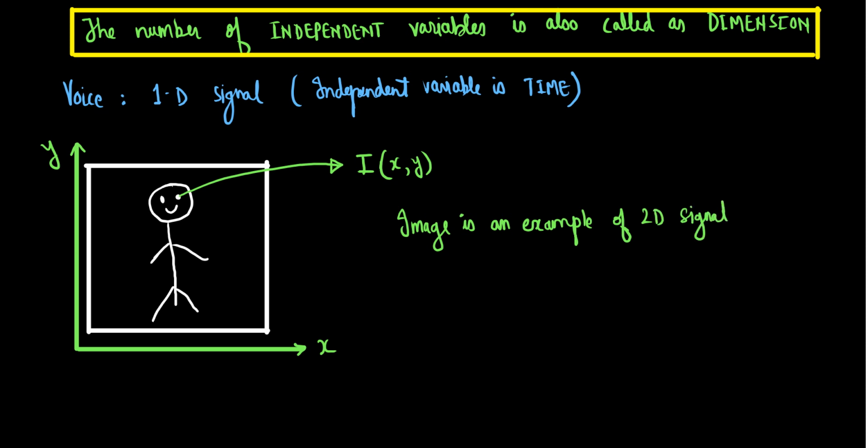What are the dimensions here? The dimensions are the locations or the positions of the pixel elements or the picture elements, which are usually indicated by X, Y. Like such, we may have multiple dimensional signals also.